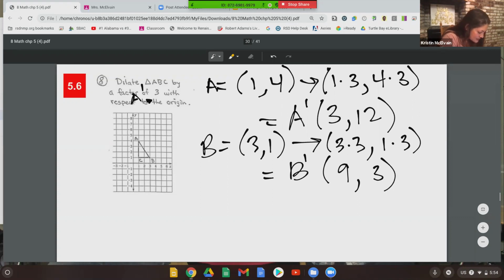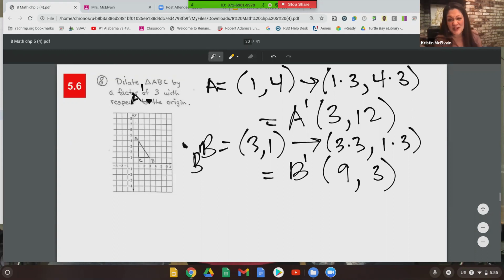So let's see here, 6, 7, 8, 9, 3. Somewhere right in here. Oops, I need to put my pen back on. 6, 7, 8. Now I lost my spot. And maybe right in here. B1.